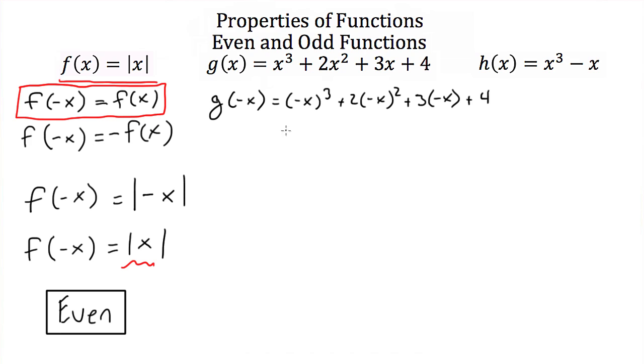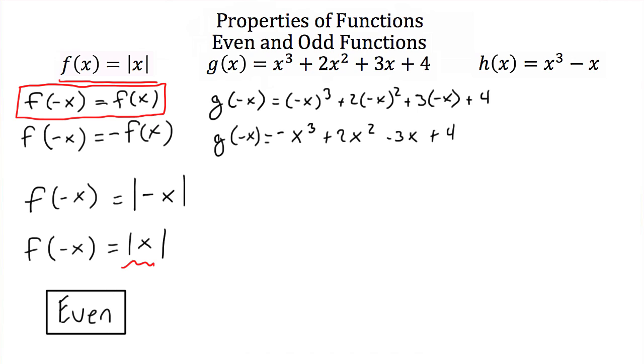Now negative x cubed is just negative x cubed. Negative x squared is a positive x squared, so plus 2x squared. 3 times negative x would be minus 3x, and then plus 4. So our function for negative x is equal to negative x cubed plus 2x squared minus 3x plus 4.